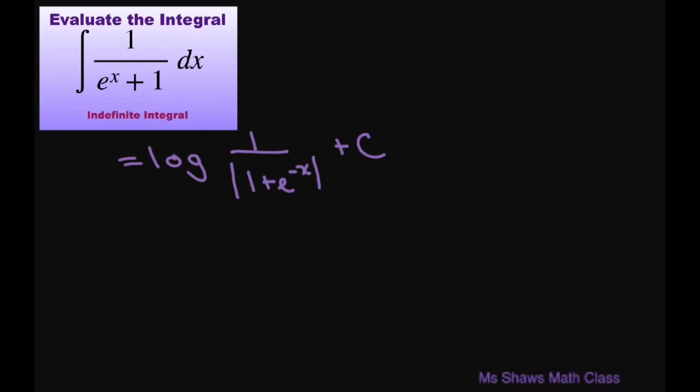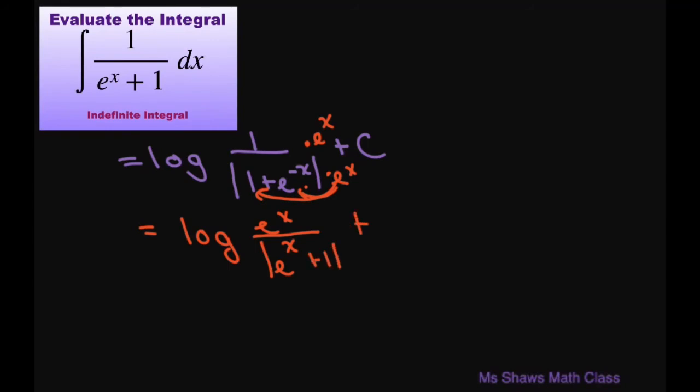If not, we can also multiply this through by e. So what I can do is multiply my numerator by e to the power of x and my denominator by e to the power of x. This would give me a log of e to the power of x, and again, when you multiply these two, you're going to get absolute value of e to the power of x plus 1, plus c.